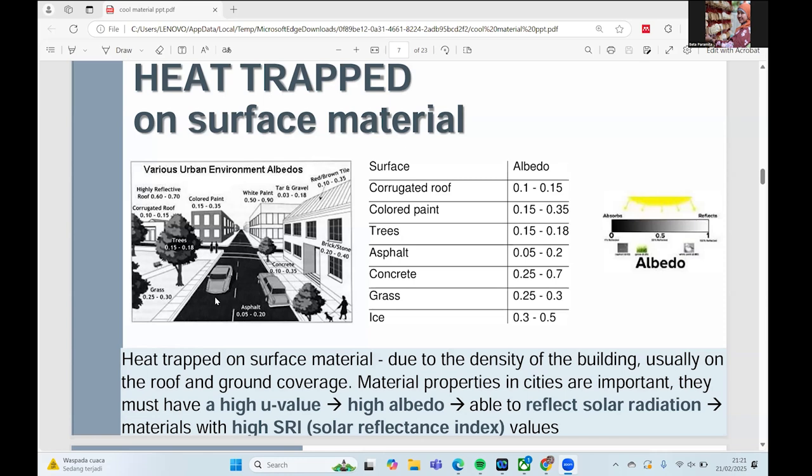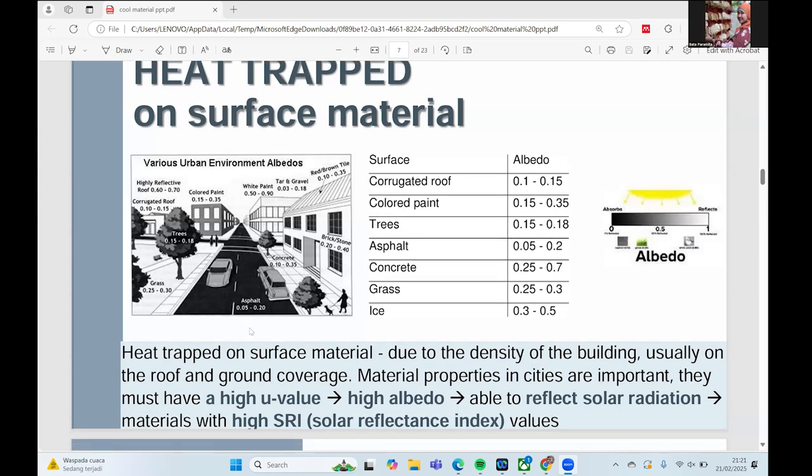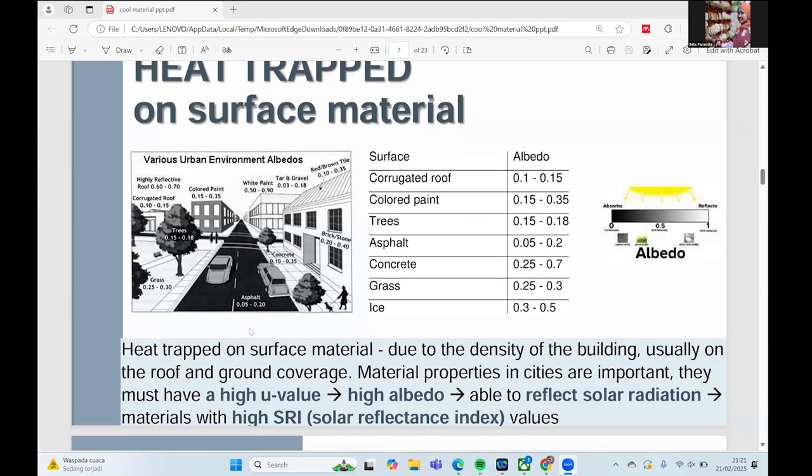The asphalt is much more severe. The albedo or U value is 0.05, which means they absorb nearly 100% of the heat. So when we have a material with a high U value, meaning high albedo, it can reflect the solar radiation. So we need a high solar reflectance index value.